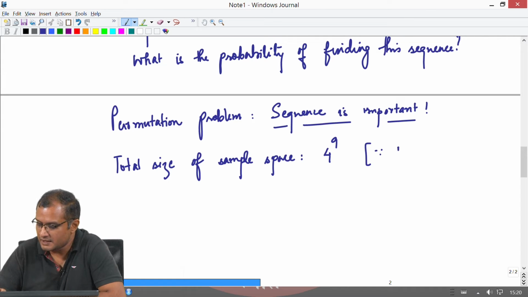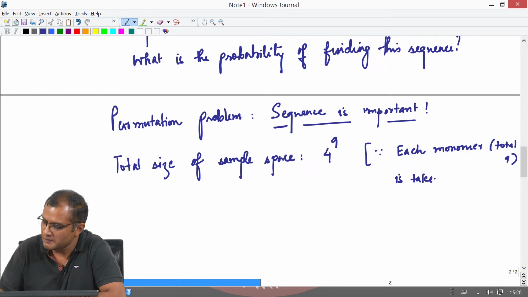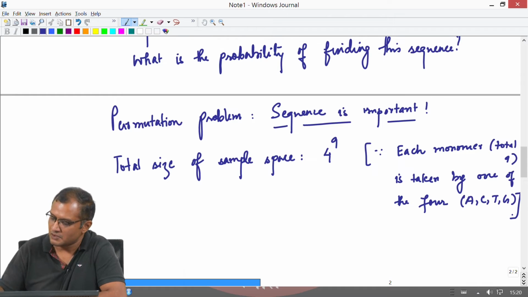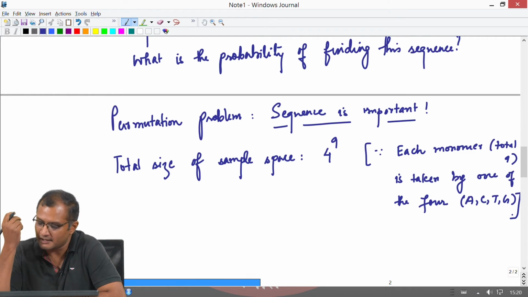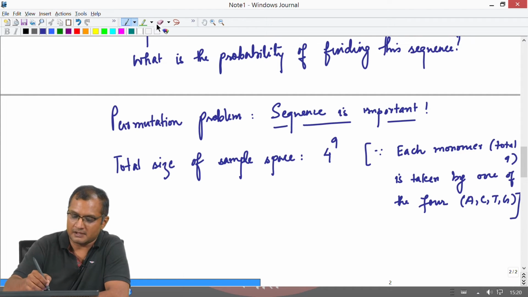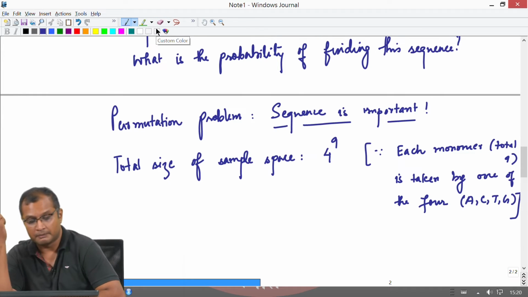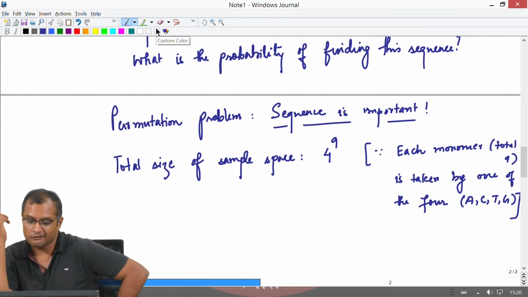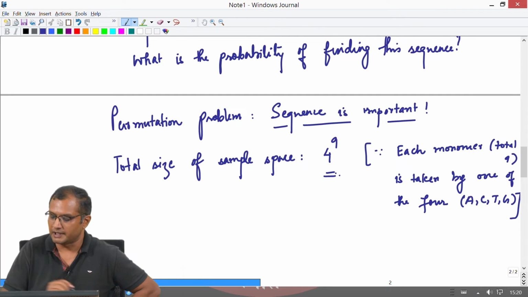Since each monomer, we have total 9 of them, is taken by one of the 4, that is A, C, T and G. Okay. So, if you have 9 vacancies and each vacancy can be taken by one of these 4, the total number of peptide chains you can construct is 4 to the power 9.